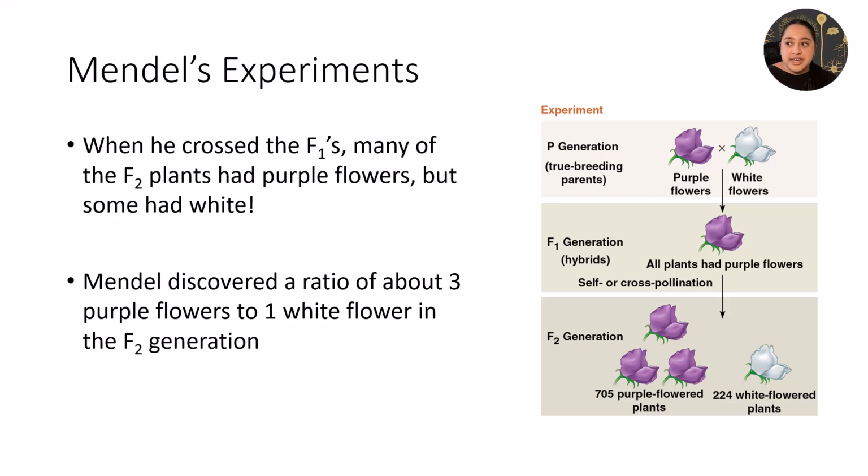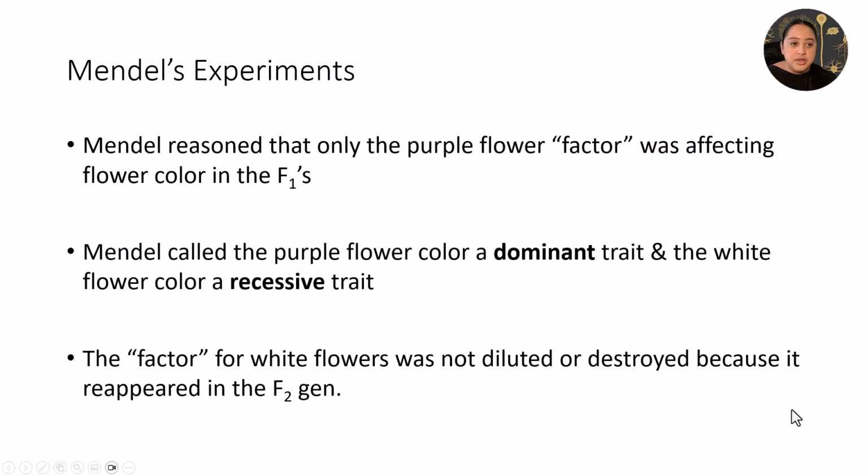And so, yeah, he was like, this is really interesting. Considering the P generation, the F1 generation and the F2 generation, he had time to think because he's just a monk. And so he reasoned that only the purple flower factor was affecting flower color in the F1s.